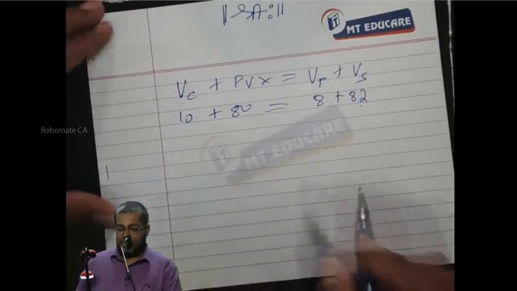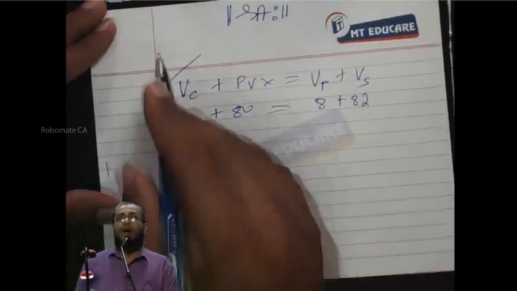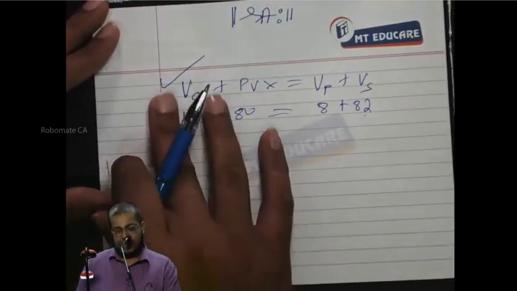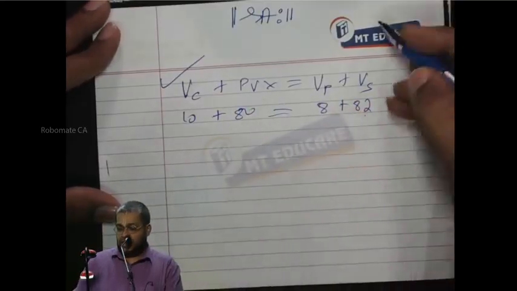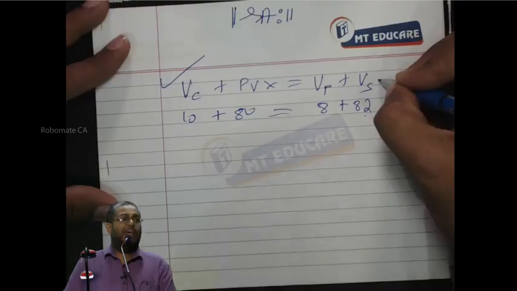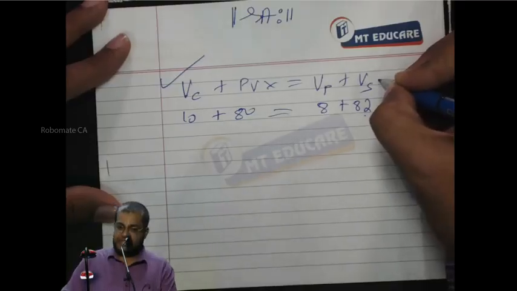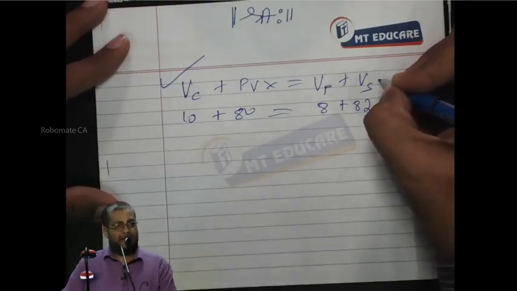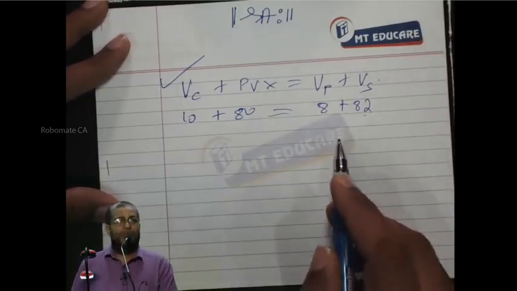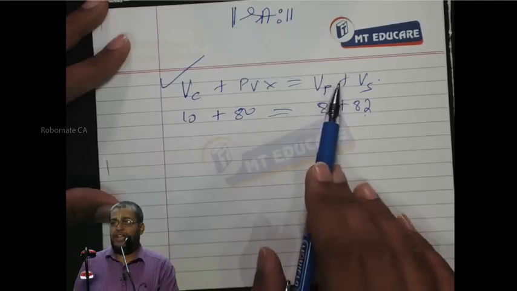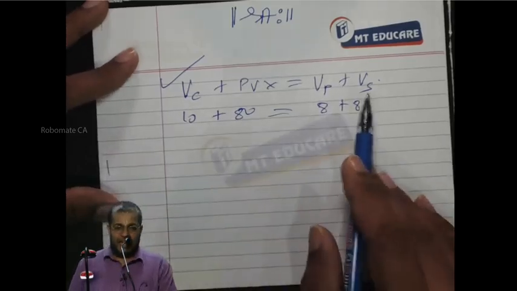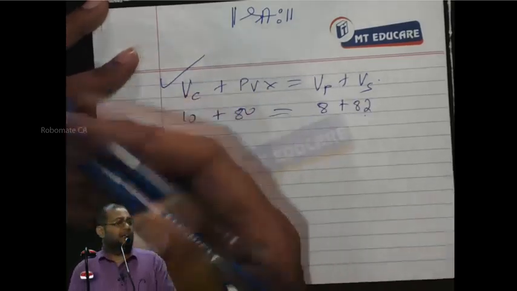Now, the question is, sir, what is this equation? How has it been arrived at? Why is it called VC plus PV of X is equal to VP plus VS? Now we are going to understand the meaning or the derivation of this equation first. Once we understand this, next stage we will do a problem where the question gives you the value of call and value of put, and asks you to find the value of share as a missing figure, and vice versa.